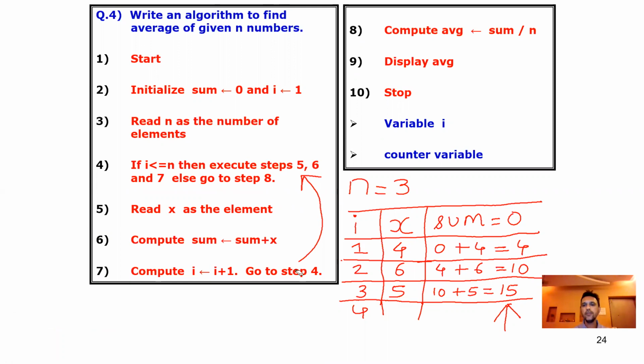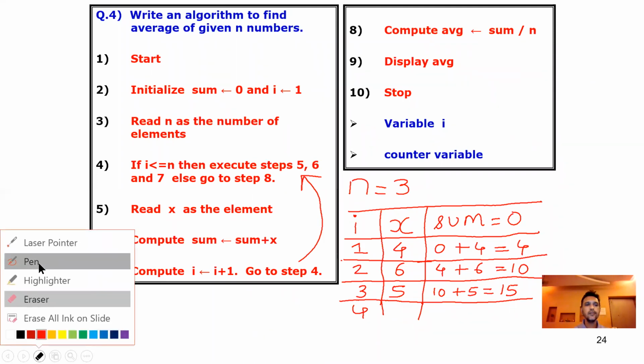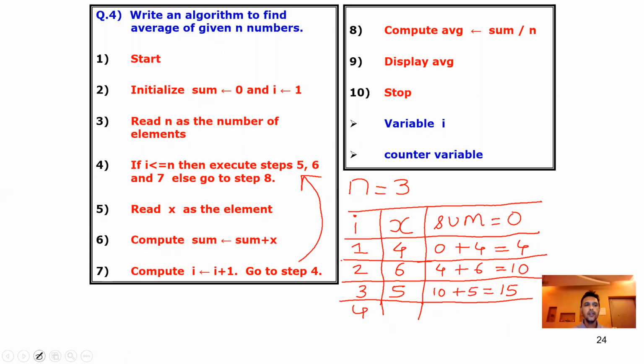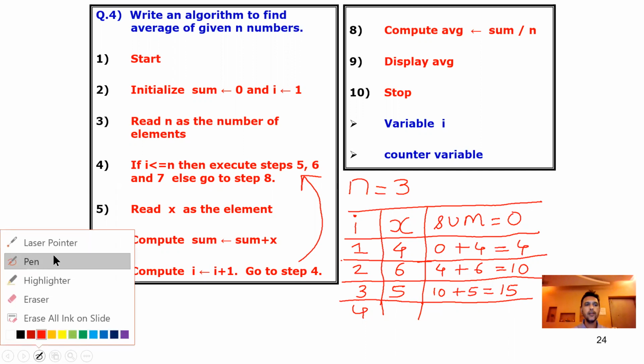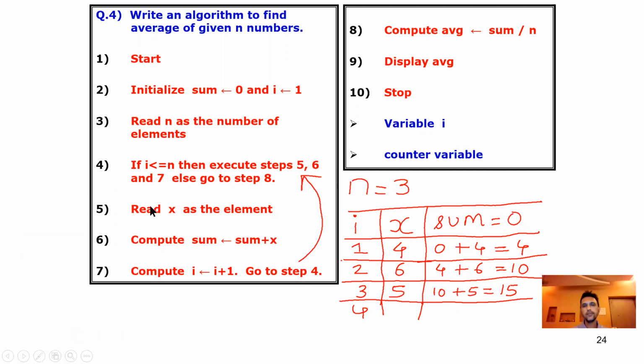In the above algorithm, variable I is a counter variable which helps us in counting the loop executions. I repeat, variable I is a counter variable which helps us in counting the loop executions.